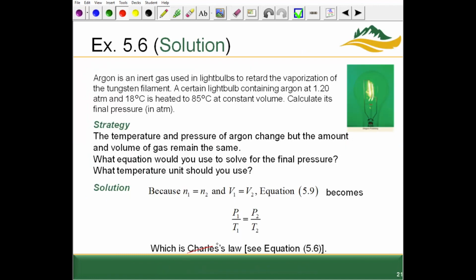It's a variation of Charles' law, more of a variation on Gay-Lussac's law. To give credit where credit's due, I'll add this scientist's name to this slide for you. And importantly, we're at constant volume and constant moles of gas, so this relationship does hold true.